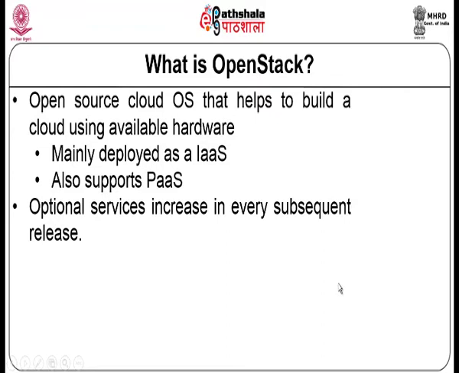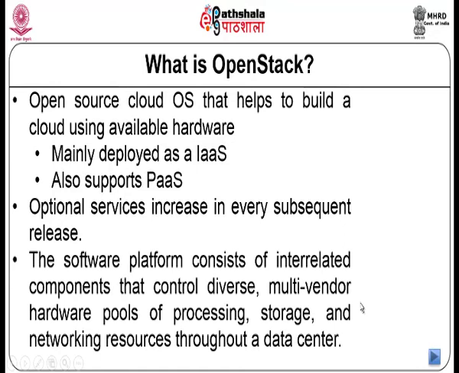There will be some core services and there will be some optional services. Very often they will release the optional services. So, the software platform consists of interrelated components that have the control.